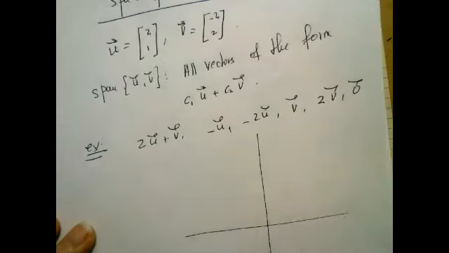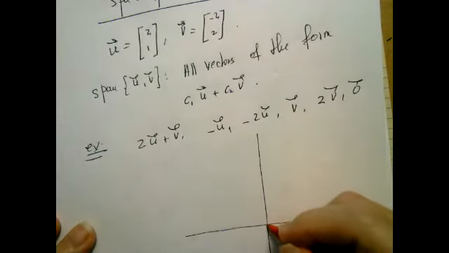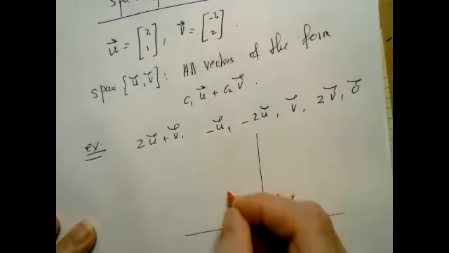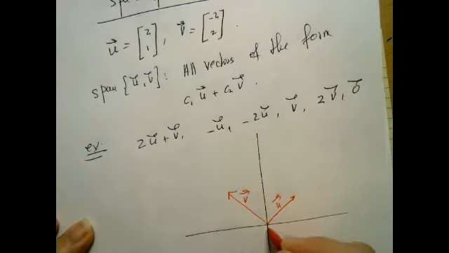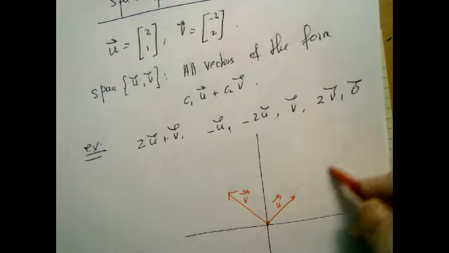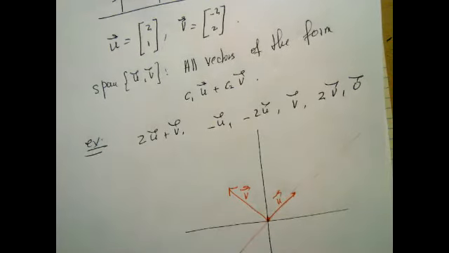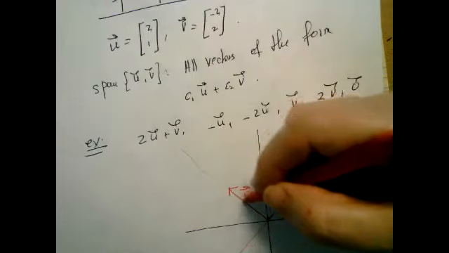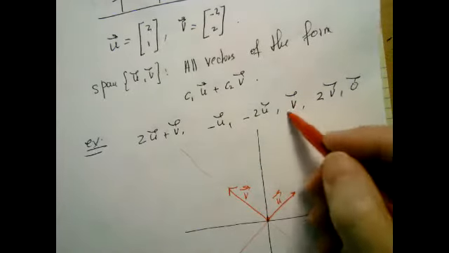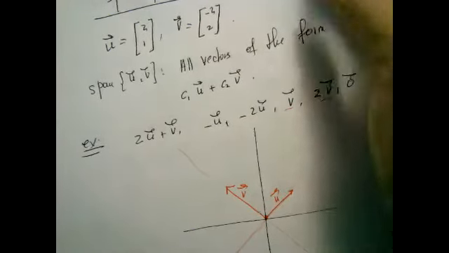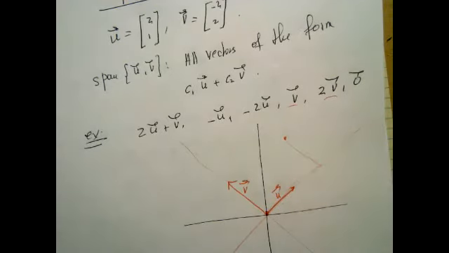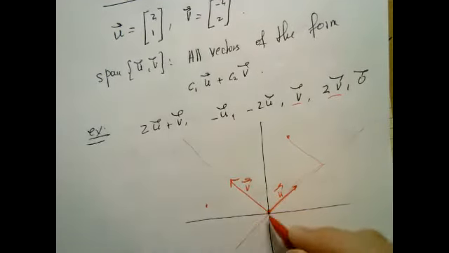So I took my vector U here, and my V was somewhere in here. And what's the span? Everything here on this line is in the span because it's a scalar multiple of U. Everything here is in the span, a scalar multiple of V. Everything here is in the span because, as we said at the beginning, anything here is in the span.